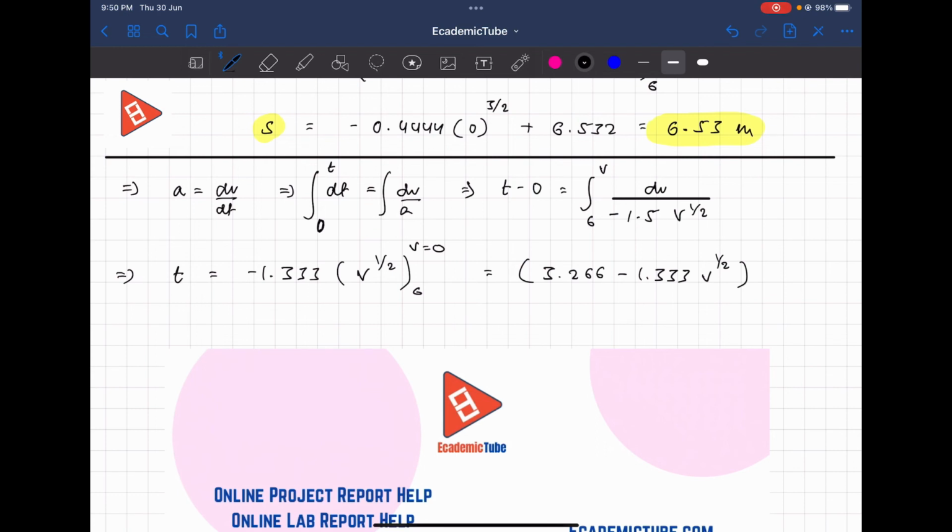And as we know, the value of v is equal to 0, so we will put the value of v as 0 there.